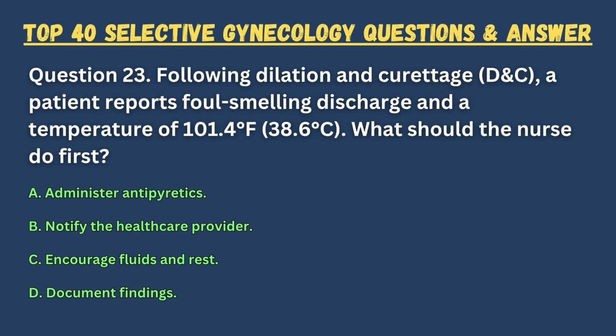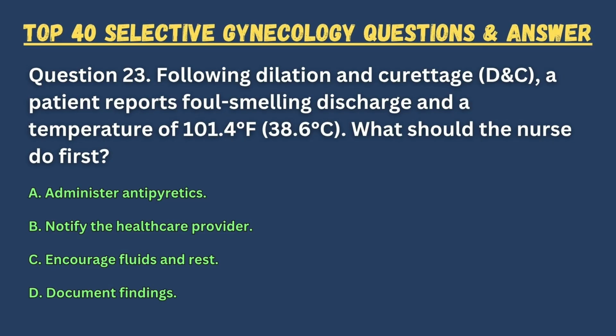Question 23. Following dilation and curettage, D&C, a patient reports foul-smelling discharge and a temperature of 101.4 degrees Fahrenheit, 38.6 degrees Celsius. What should the nurse do first? A. Administer antipyretics. B. Notify the healthcare provider.